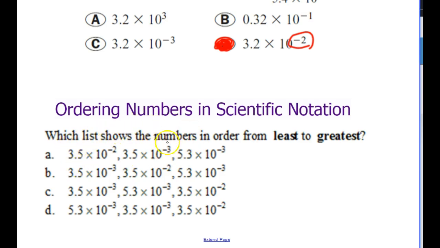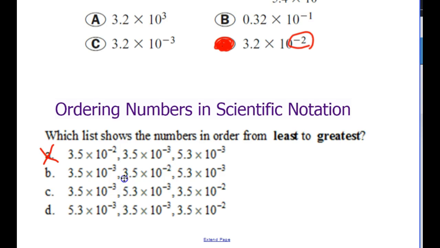Here we need to figure out which list shows the numbers in order from least to greatest. So we know that a least number is going to be a negative, so we need to look for negatives. They all have negative numbers, but this one only is going back 2. So we know we can cross off this one. It's going to be one of the negative 3s.